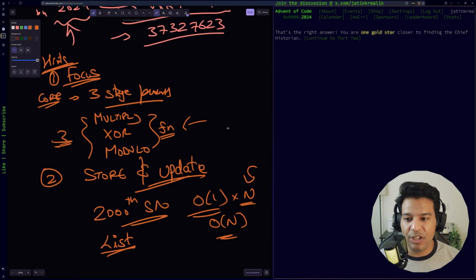And then for each initial secret number from the input, we ran this function in a loop 2000 times, and I kept track of the final secret number generated after each function was executed, and then we kept updating that. And after 2000 iterations, because we had to get the 2000th result, I just summed up my whole array and got the answer.